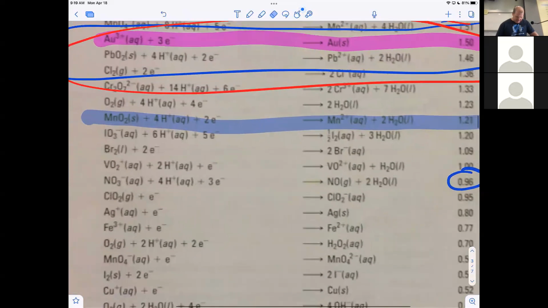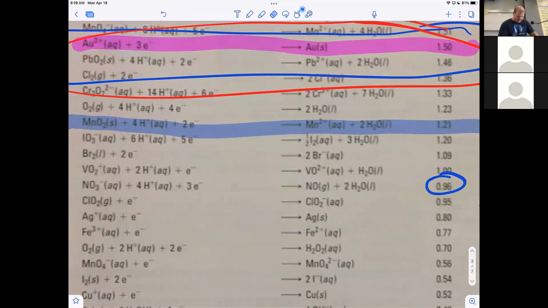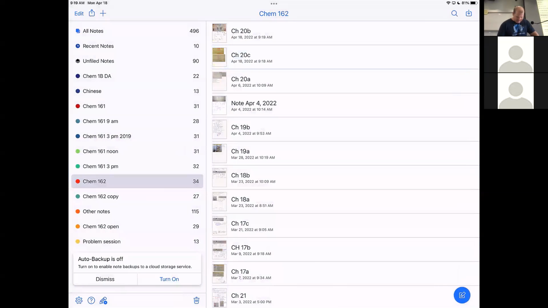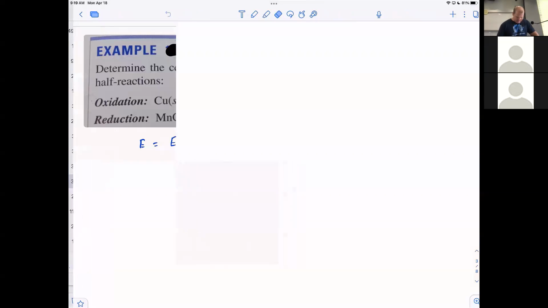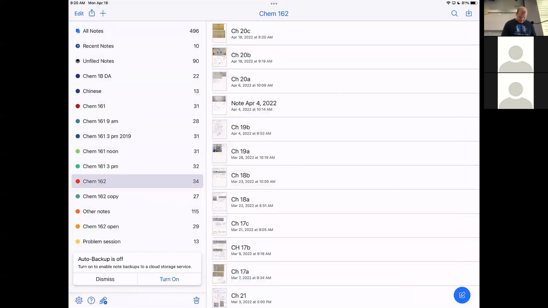So you have to use this one here because it has the acids. It's 1.21 volts. So where is this? This one is 1.21 volts. And so, wait, this one's saying 1.68. Do I have the wrong one still?